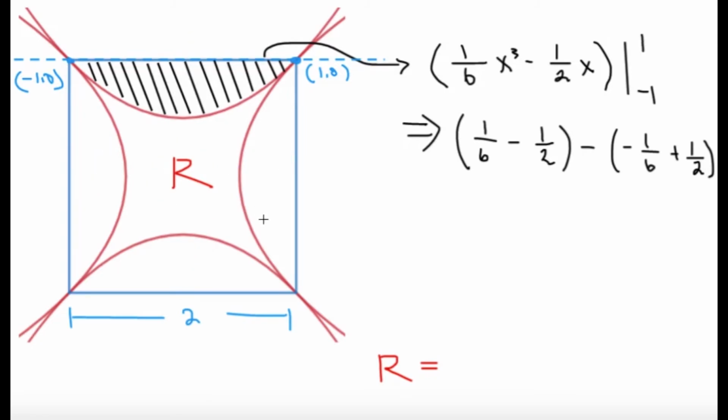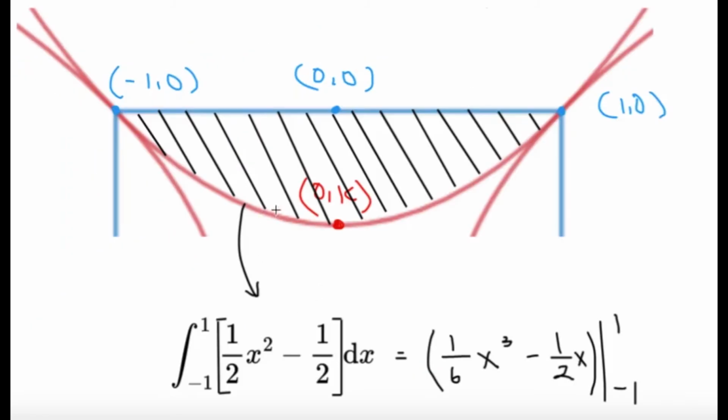So we first have to draw out a conclusion that the shaded region, we can use integral calculus for that. That's going to be related to the definite integral from -1 to 1 of whatever this equation is, which we have y equals 1/2 x squared minus 1/2, as acquired from the previous slide.